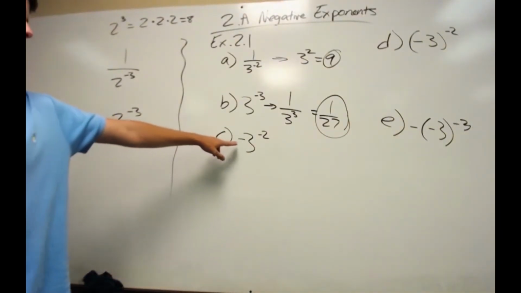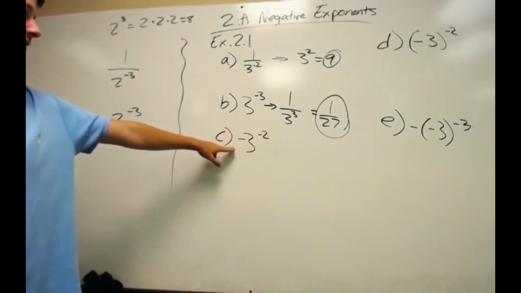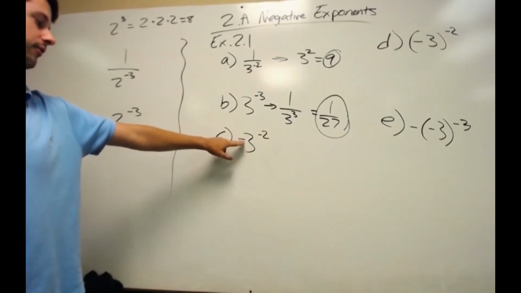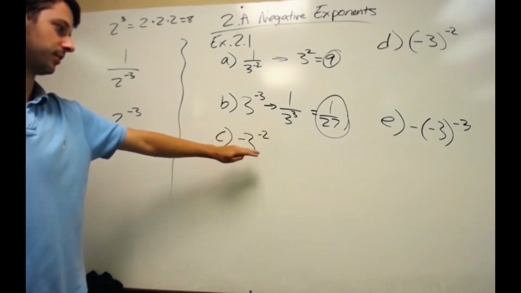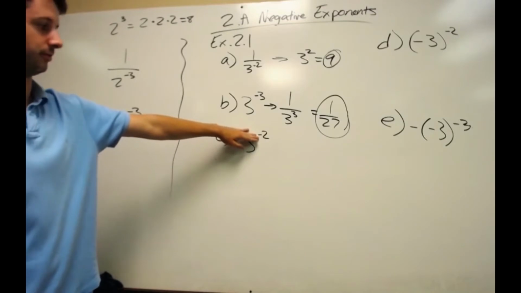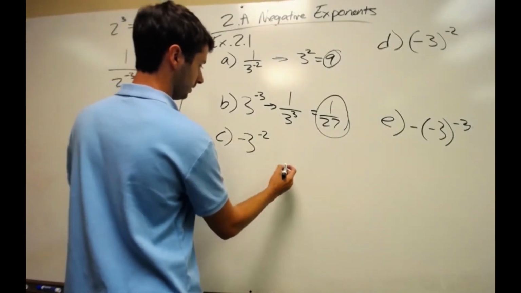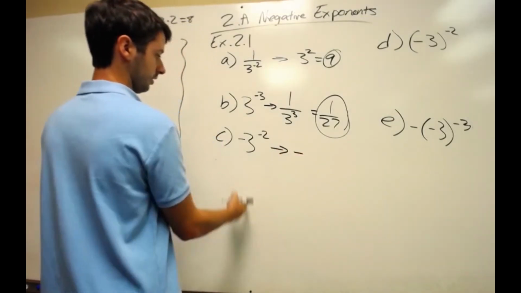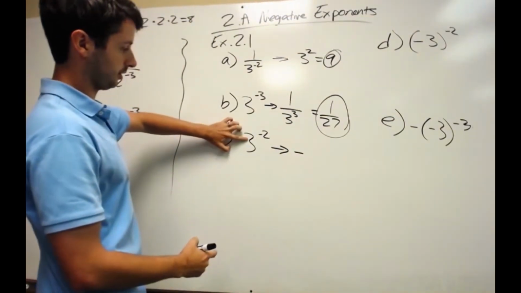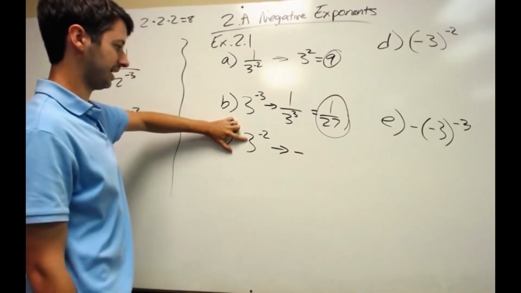C, you have negative 3 negative squared. So we're going to start to get into negative symbols for the whole number, not the exponent. The exponent will still go by the same rule, same principle. So I'm going to keep this negative here, and now I'm going to put my finger over the negative sign because we know that that is going to stay.